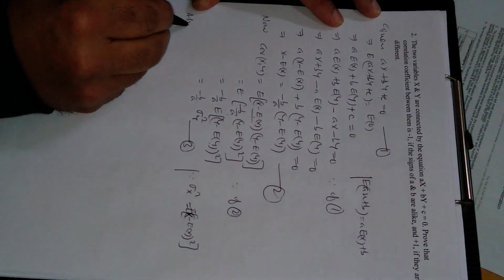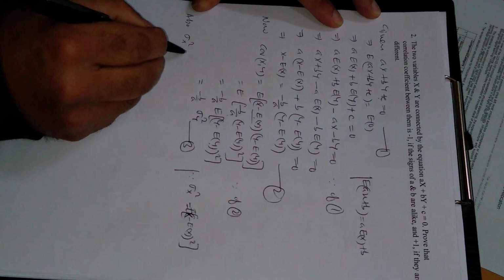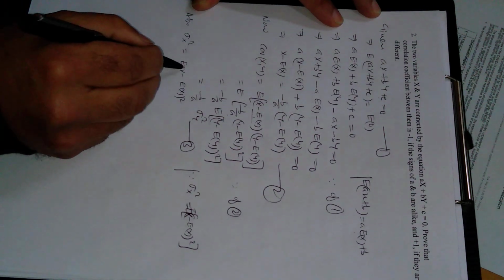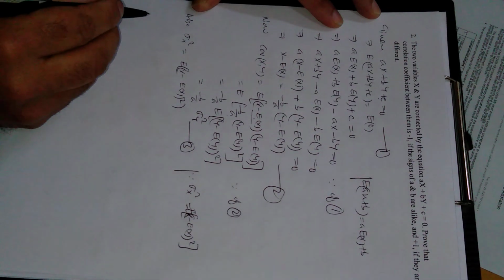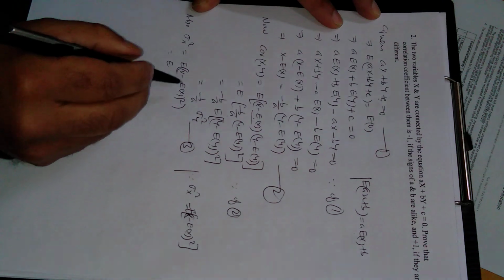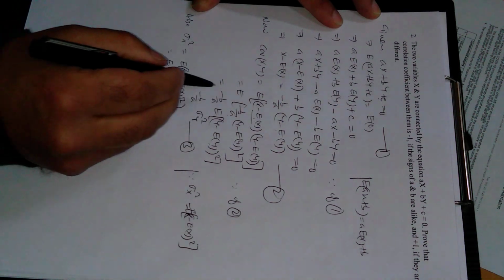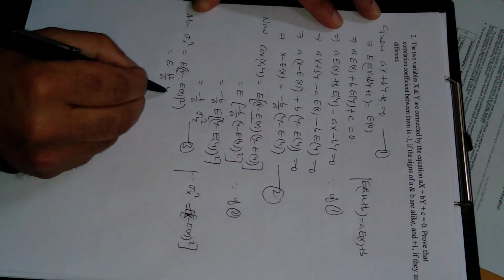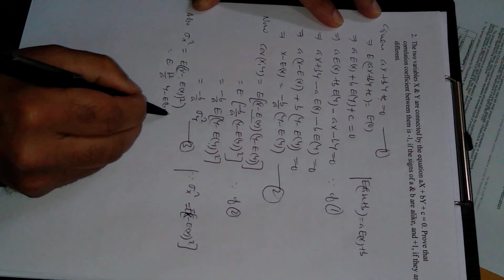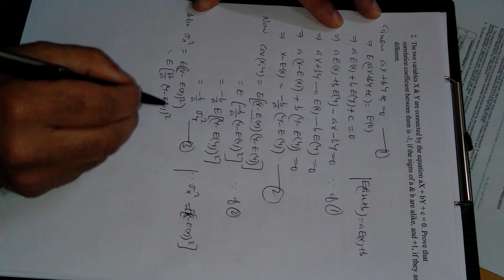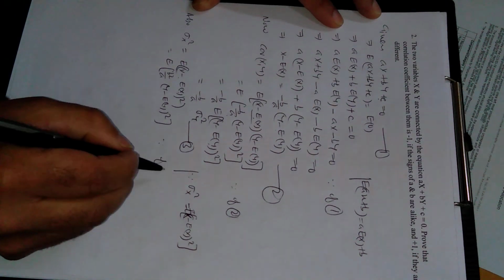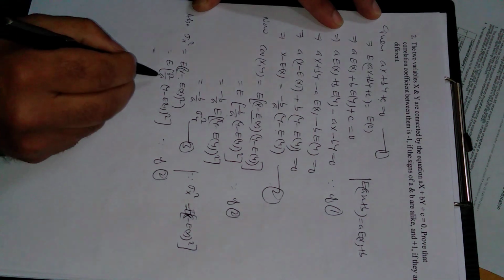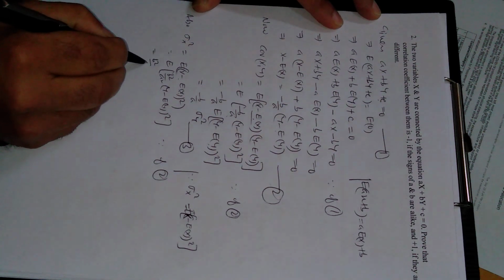Also variance with respect to x is E of x minus E of x whole square. This further equals E of, substituting the value x minus E of x from equation 2, its square will be b square upon a square, and next is y minus E of y whole square. b square upon a square is constant.